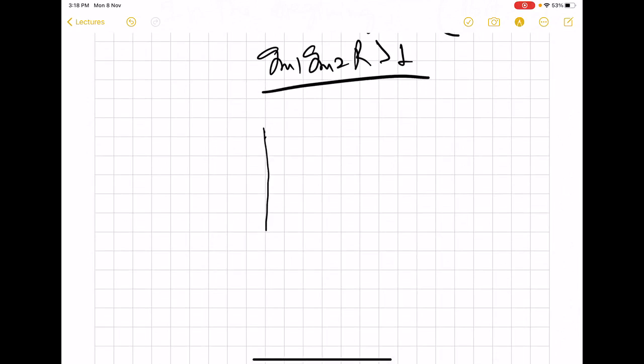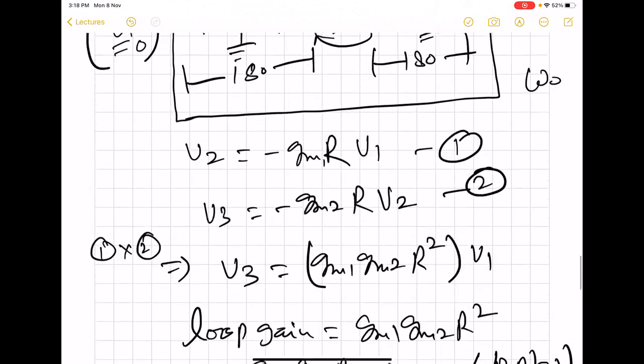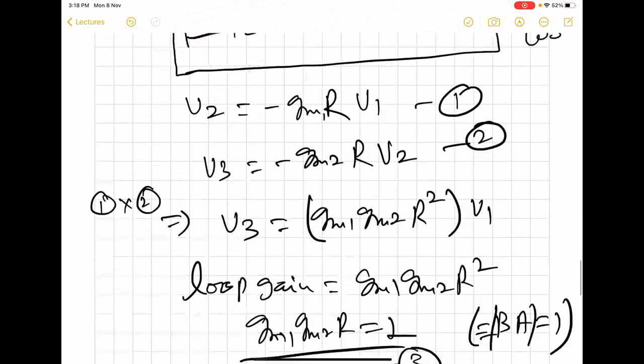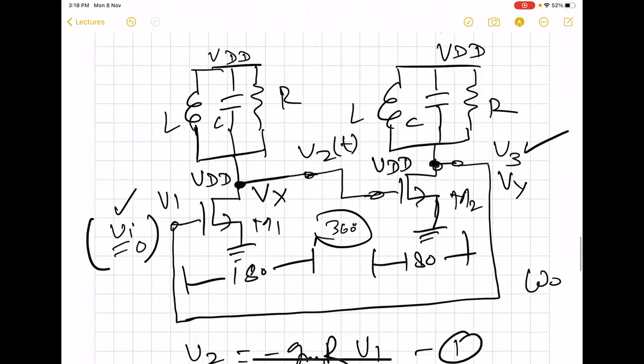plot of the output. So this is the VDD level. We can call these Vx and Vy voltages.